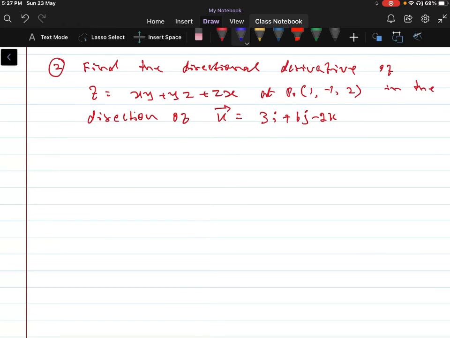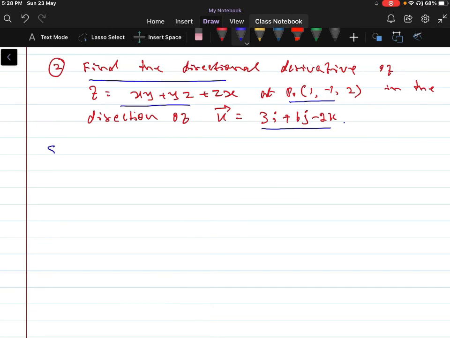Find the directional derivative of the function f at the point 1, minus 1, 2 in the direction of u, where u is equal to 3i plus 6j minus 2k, and where f is equal to xy plus yz plus zx.